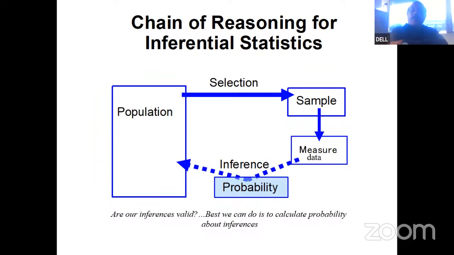From the selected sample, we measure the data with different statistical tools. And also we can see the population nature as far as the sample nature. So that is nothing but called inference.